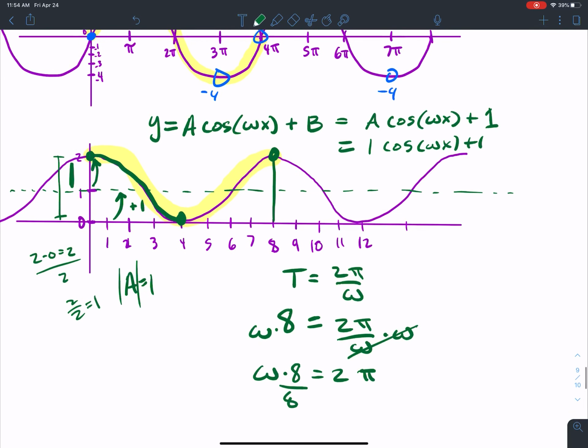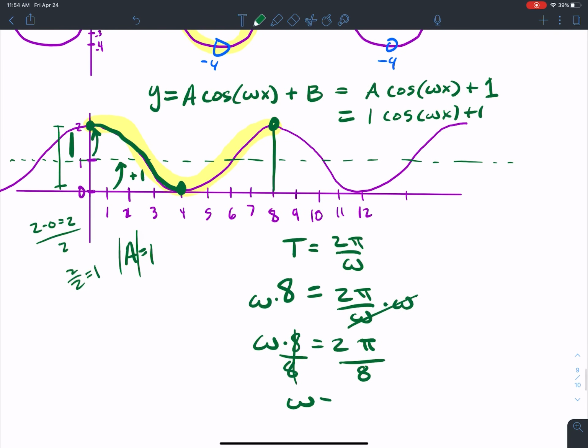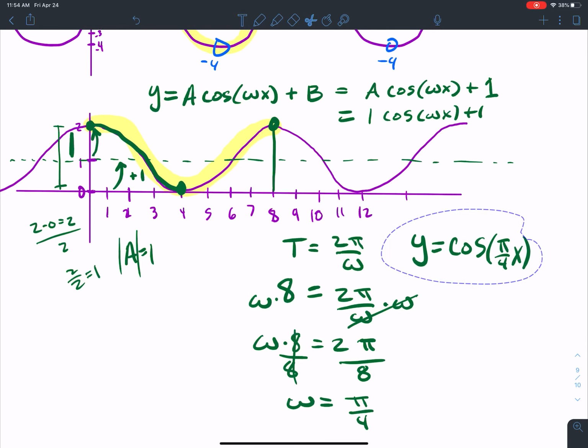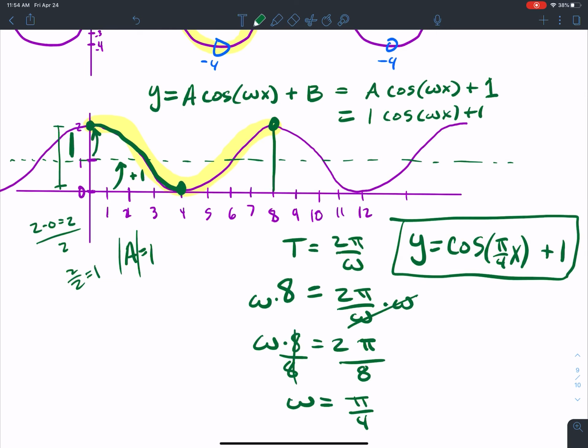Divide by 8, I get omega equals pi over 4. So my final answer is y equals the cosine of pi over 4 x, but then I also have plus 1 to shift it upwards.